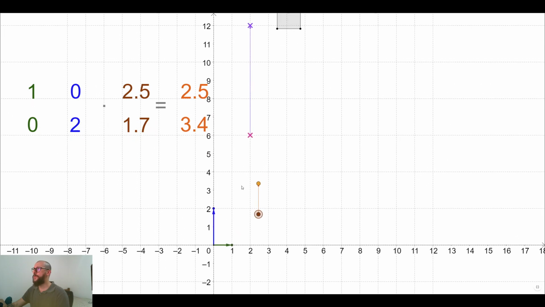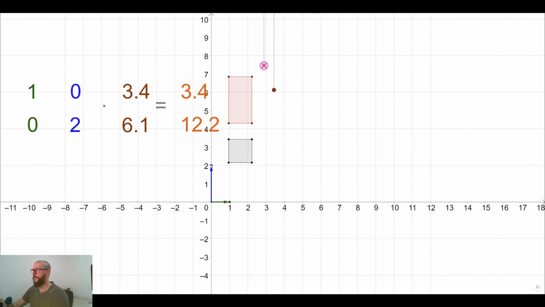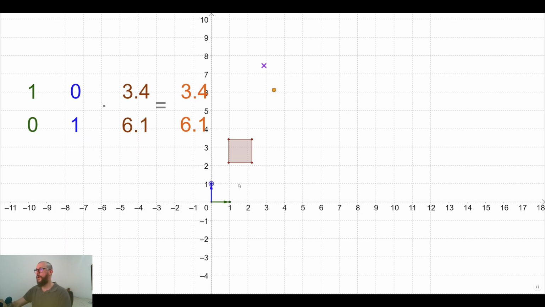Now, let's try to translate this square horizontally using these values. We want to translate this square to the right. We have two options. The first option is to change the x of x.